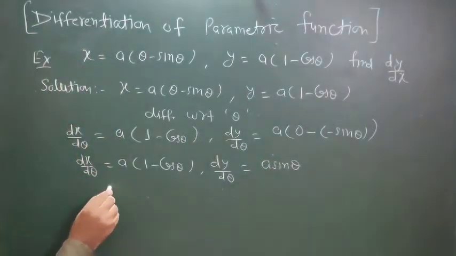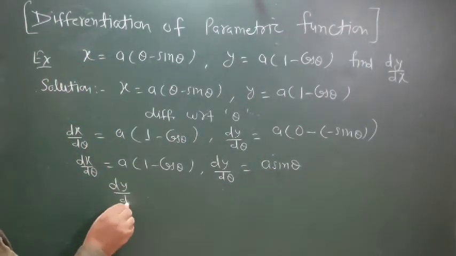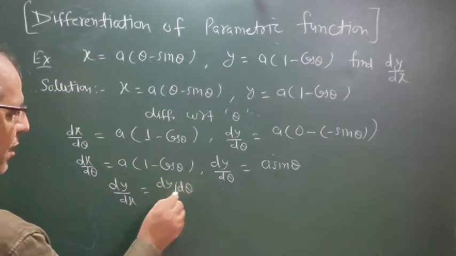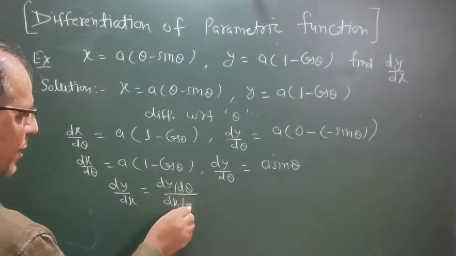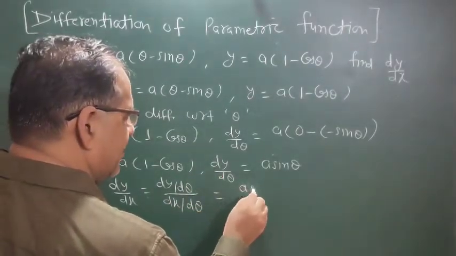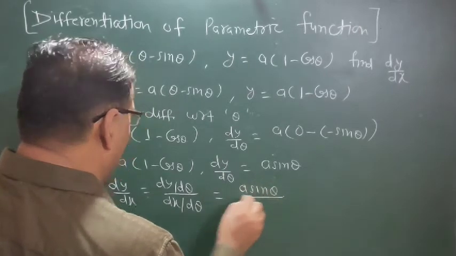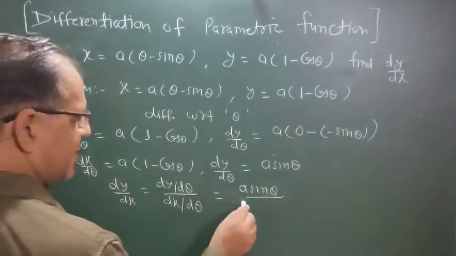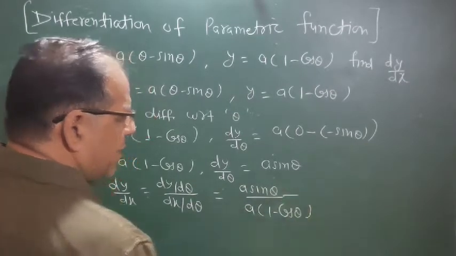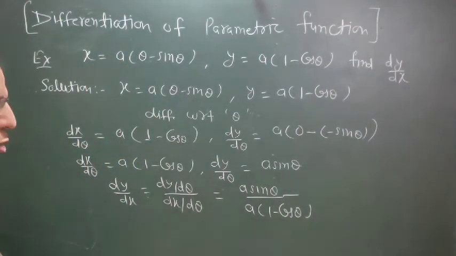Finally, we use the formula dy over dx equal to dy over d theta upon dx over d theta. So the value of dy over d theta is a sin theta, and the value of dx over d theta is a times 1 minus cos theta.